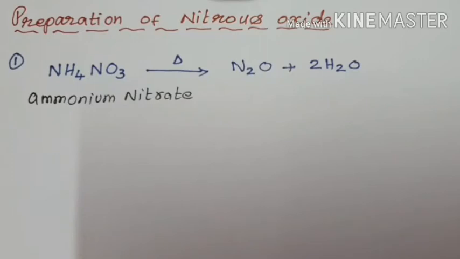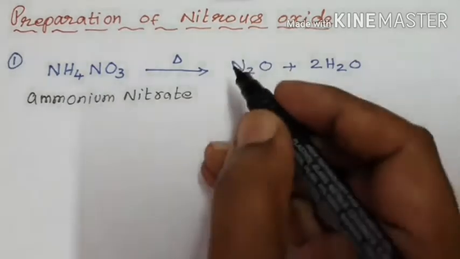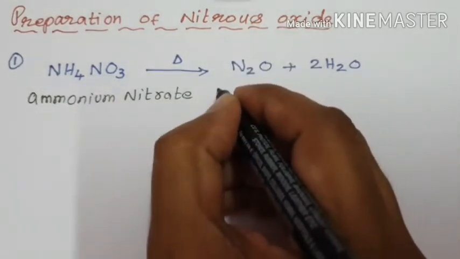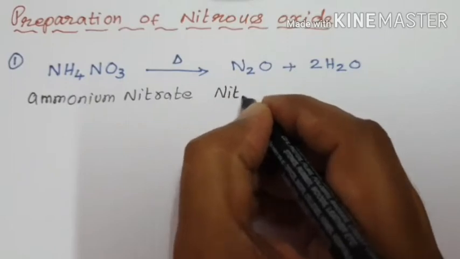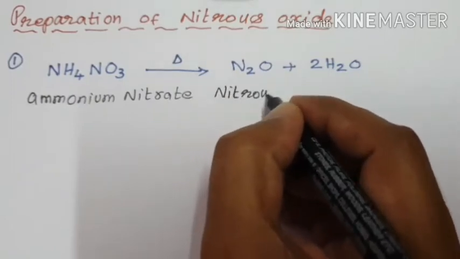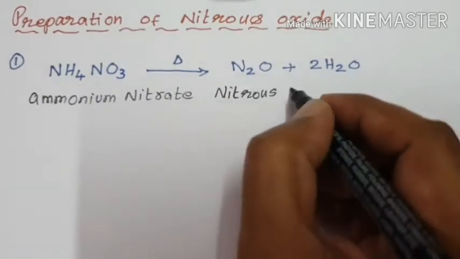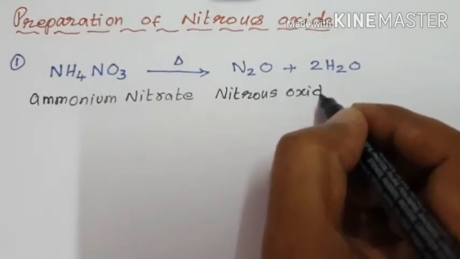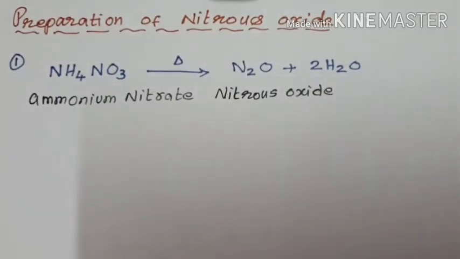So this is your first method of preparation of nitrous oxide. You know, nitrous oxide is also called dinitrogen oxide and laughing gas.